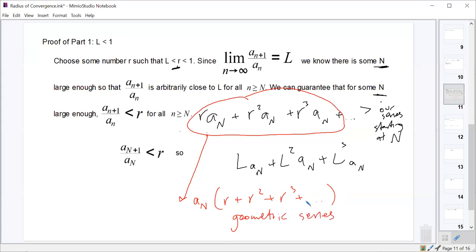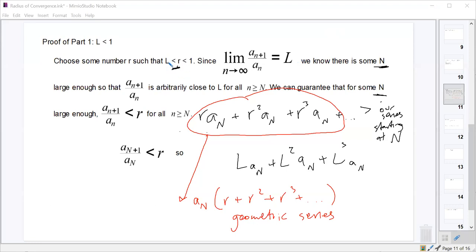And what do we know about a geometric series? What have we already proven about geometric series? That if the value for R is between -1 and 1, it should converge, right? And well, what did we get?